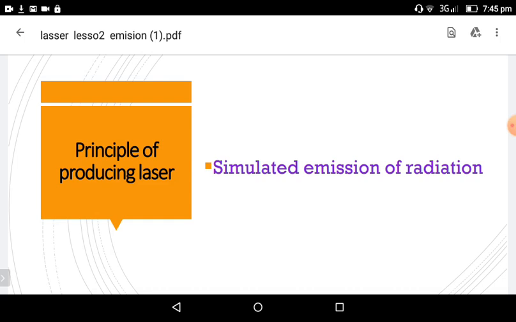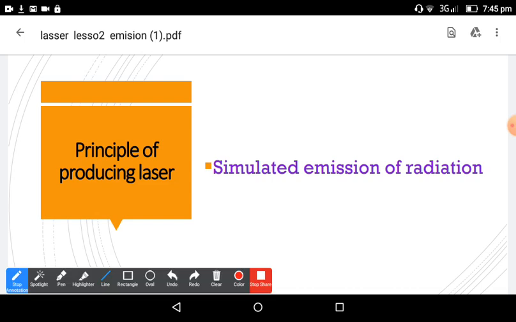The laser is produced by the process called stimulated emission of radiation. What does it mean? Stimulated emission. Is there any other process of radiation? And by stimulated emission, how could it be produced? This is today's topic.